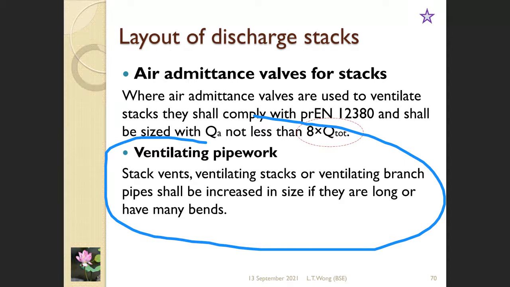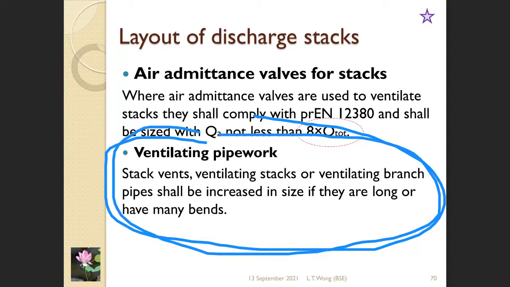In the British standard, there's a condition: stack vents, ventilation stacks or ventilating branch pipes shall be increased in size if they are long or have many bends. It does not dictate how the distance is limited and how many bends, but it alerts us that if the arrangement deviates from their pre-calculated design, we need additional consideration.